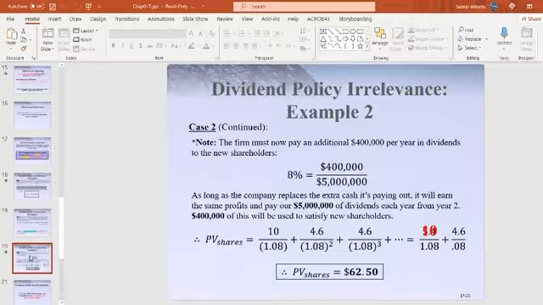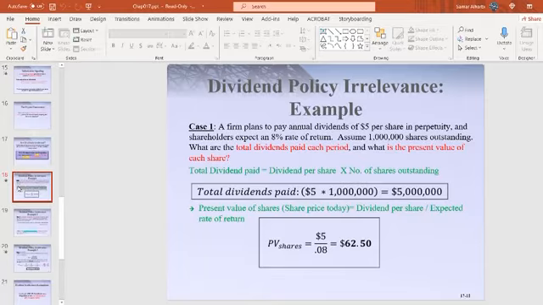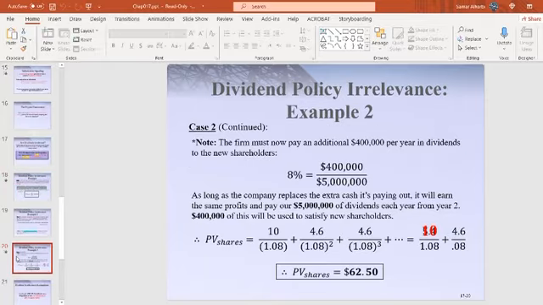However, what did we prove from this example? What is the value of shares today? 62.5, right? And when it gives a dividend of 5 in the previous example, what was the value? The same thing, right? 62.5. So that means we proved that even if you give more dividends today and less dividends later on, the value of the company will not change.